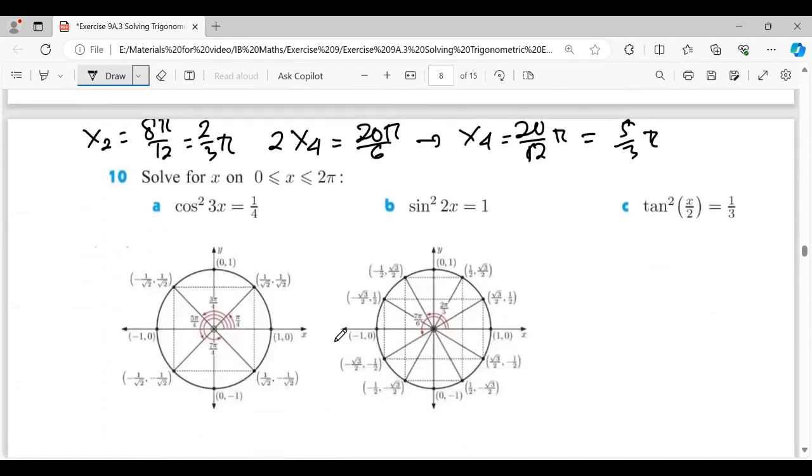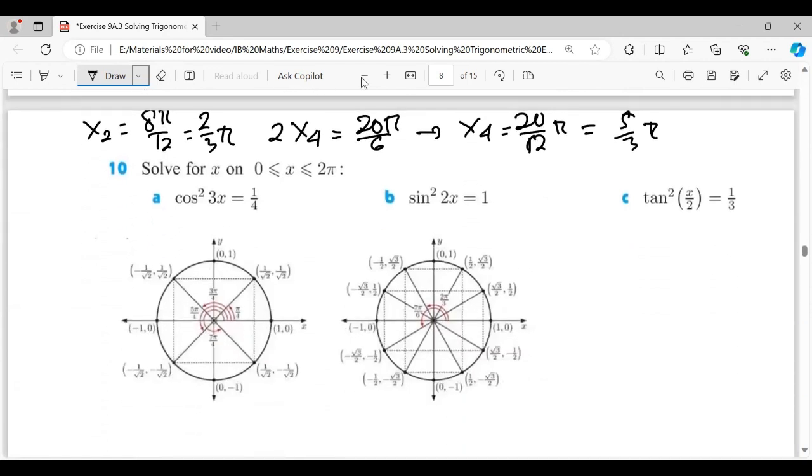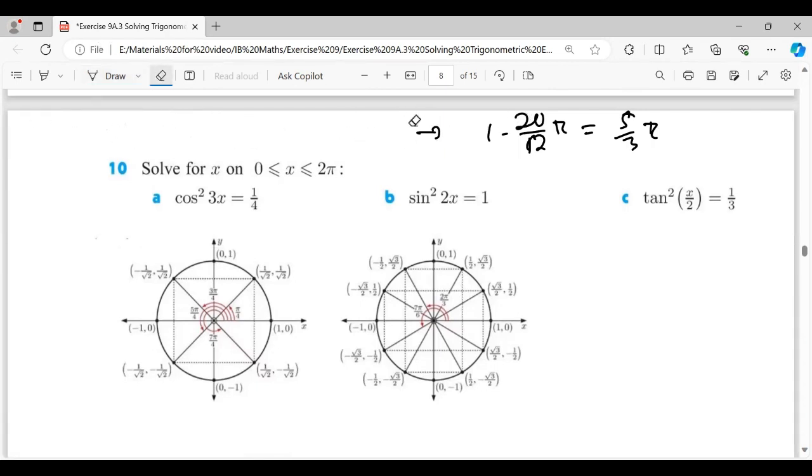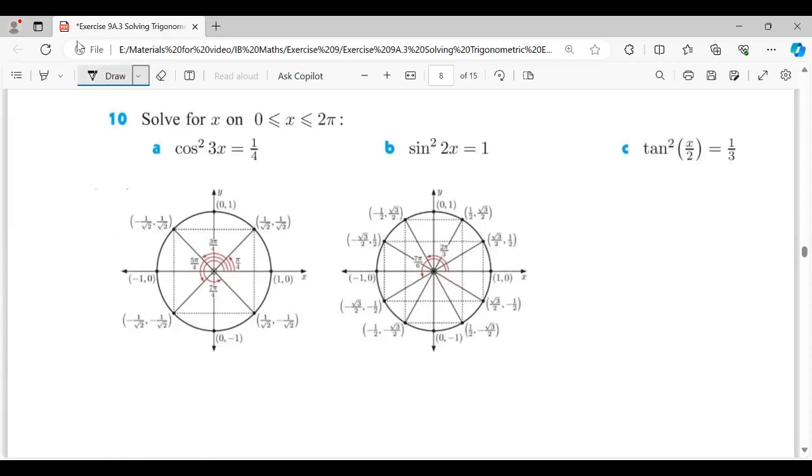Next, number 10. I'm going to clean this first. Then solve for x on this interval, 0 to 2 pi.